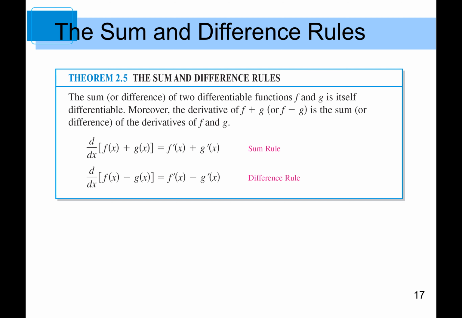So for the sum rule, when we combine functions f of x and g of x and take the derivative, you can just take the derivative of f of x, f prime of x, then add the derivative of g of x, which is g prime of x. Similarly for the difference rule, when you take the difference of two functions and take the derivative, you can take the derivatives first and apply the difference.